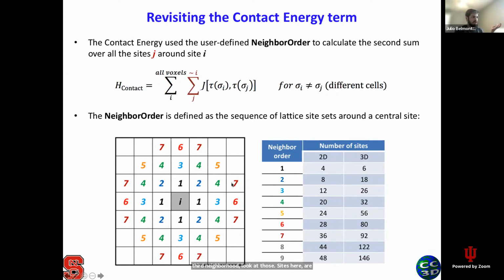So you calculate your energy over 20 sites. If you go to a neighbor order of 7, you'll be looking at this kind of range, and when you do your calculation you'll be summing over 36 lattice sites instead of 20. And of course, in 3 dimensions in Cartesian coordinates you have different numbers because now you're looking at things on the other axis.